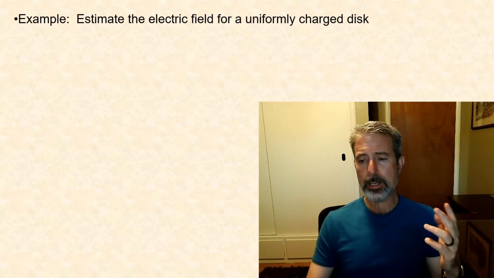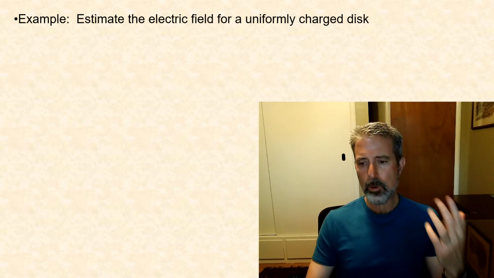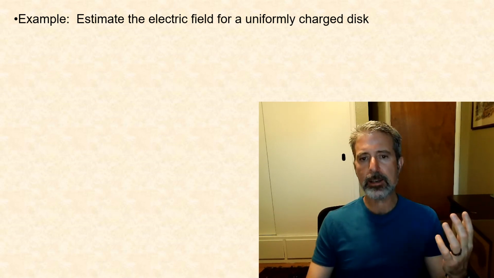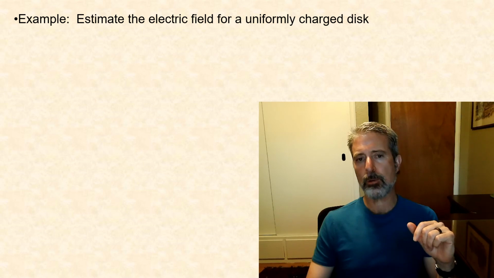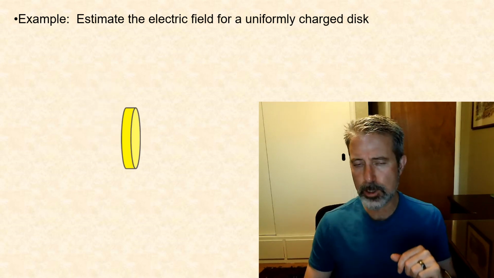And lastly, we'll take a look at a rather simple problem where we can use what we talked about in the previous slide to make some approximations that can really simplify the problem. So here we're asked to estimate the electric field for a uniformly charged disk.